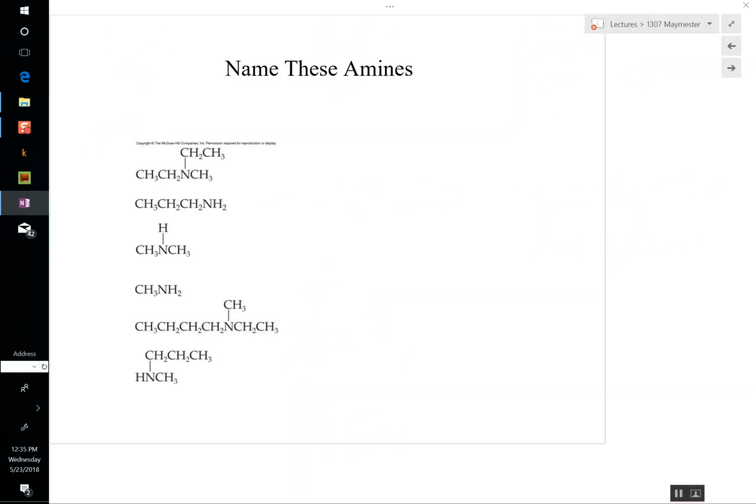Go ahead and name all of those. You don't necessarily have them on the worksheet, but why don't you write out some of these names? And if taller people want to come here and write the name on the top, pick one that you're comfortable writing the name on.